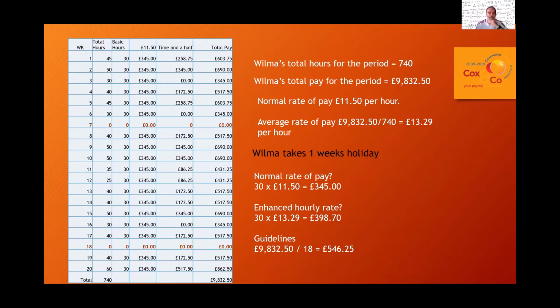I'm sure going back in the day, potentially we would have had a debate about whether it was guaranteed, non-guaranteed, voluntary, or whatever overtime. But having had that debate, it's perfectly possible that the employer might have said, you work 30 hours a week, you're taking 30 hours of holiday, and I am going to pay you 30 hours at £11.50, 345 quid.